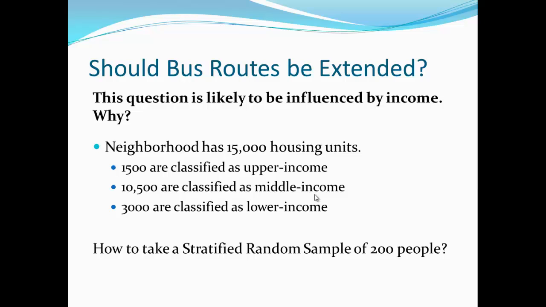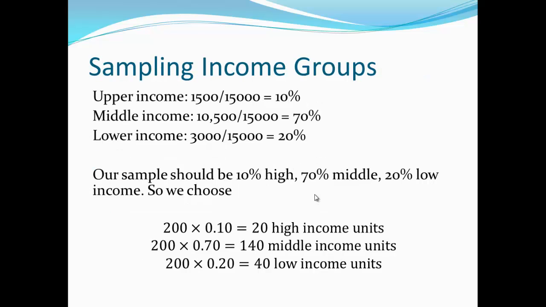So suppose the neighborhood that we want to study has 15,000 housing units. 1,500 of those, say, are classified as upper income, 10,500 are classified as middle income, and 3,000 are classified as lower income. If we want a stratified random sample of 200 people, how would we do it?